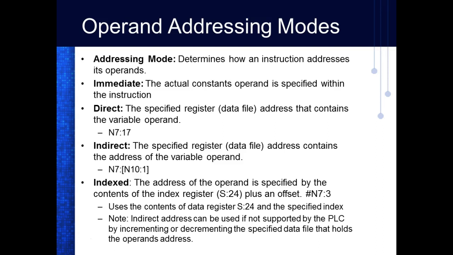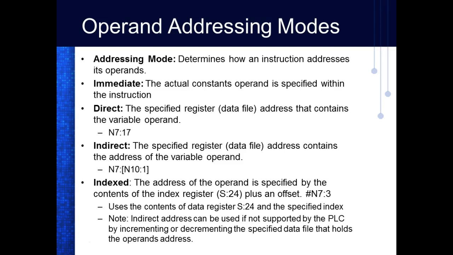Then we're going to use a new one in this chapter called index addressing. This is an extremely powerful addressing mode. The address of the operand is specified by the contents of the index register, which is S24. We have access to that, so we can put anything there when we want to, plus an offset.